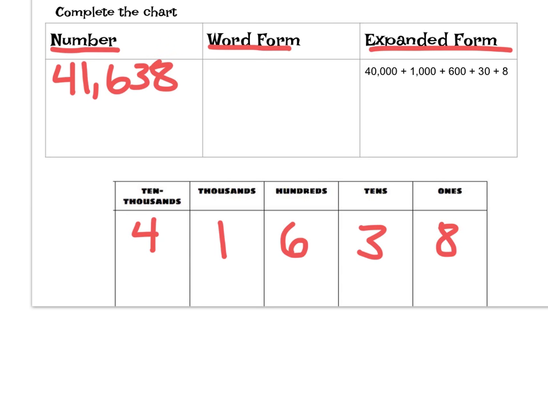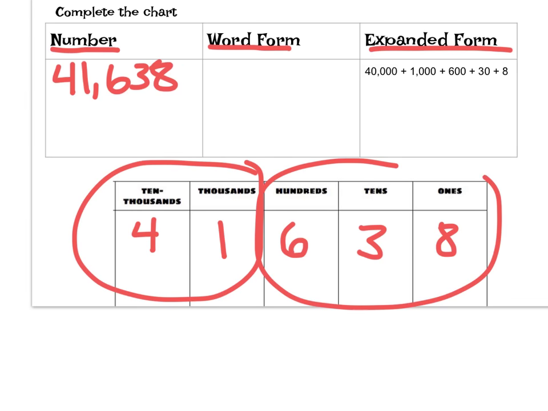So I'm going to write 41,638. Now we have to write it in word form. So when I write it in word form, I'm going to think of my numbers in these groups of 3, or based on their place value unit. So I'm going to group my thousands together. In this particular number, I have 41 thousands. So I'm going to write out 41,000, comma, and then the rest of my number is 638.